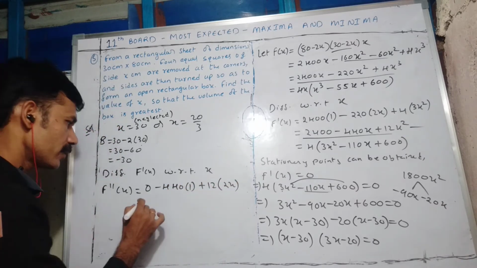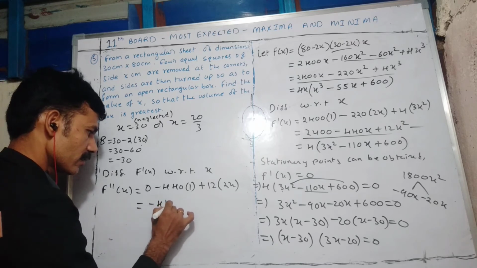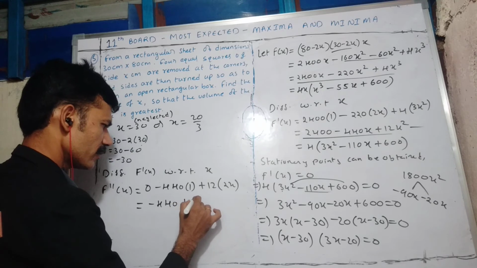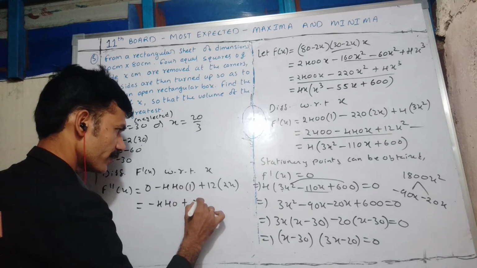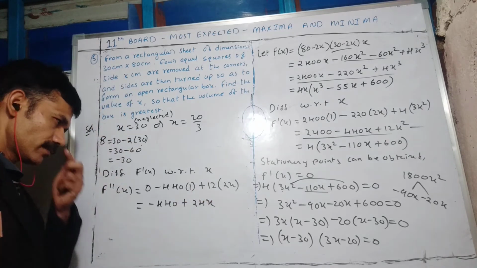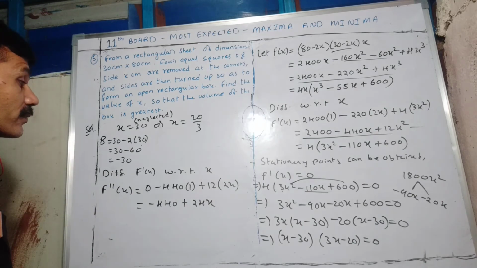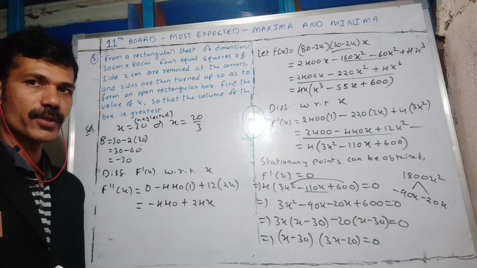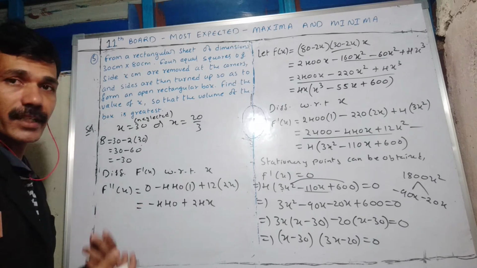Now we get minus 440 plus 24x. We have to check whether it is negative or positive, so that we find whether we get maximum or minimum.